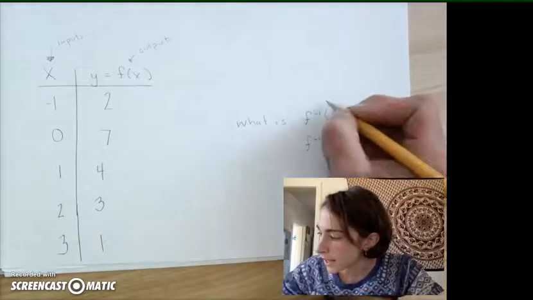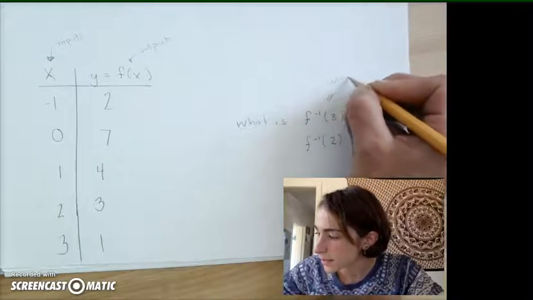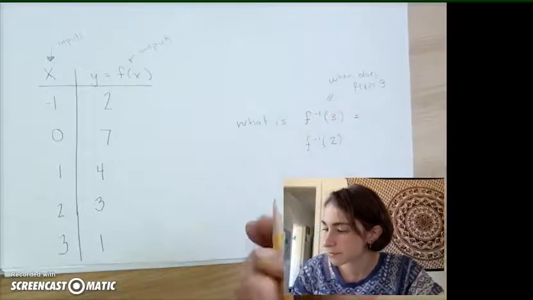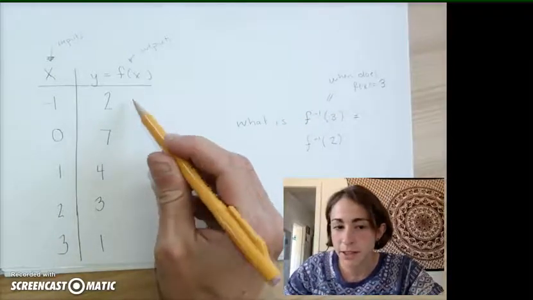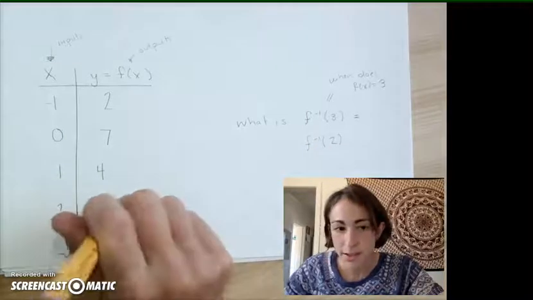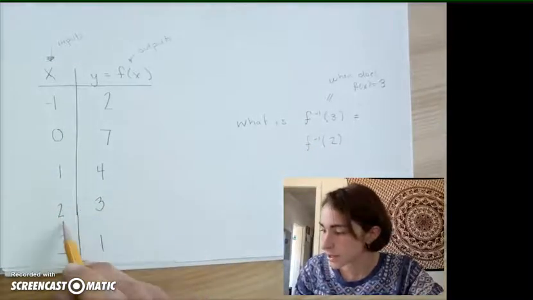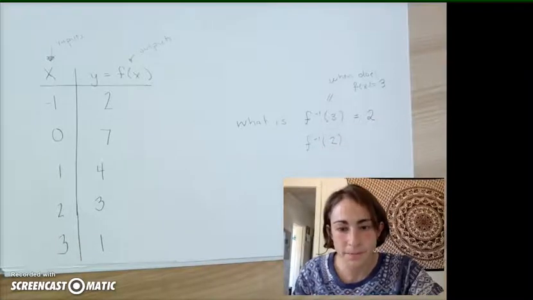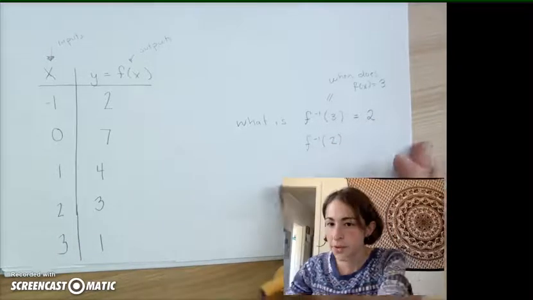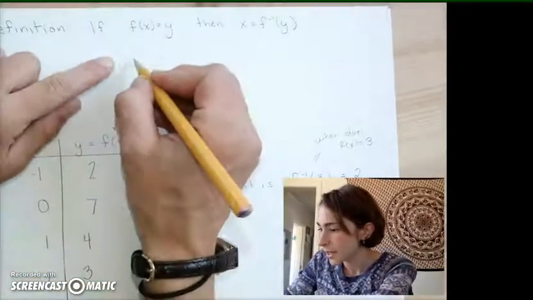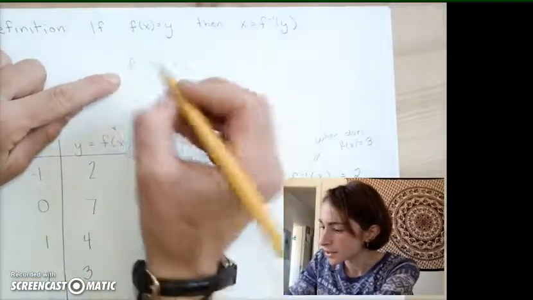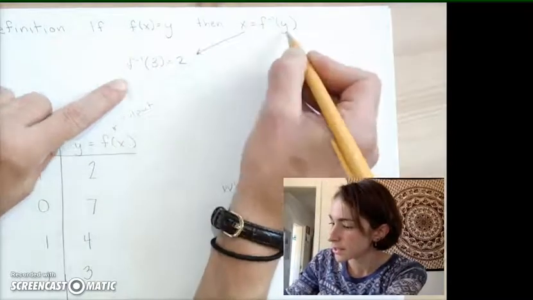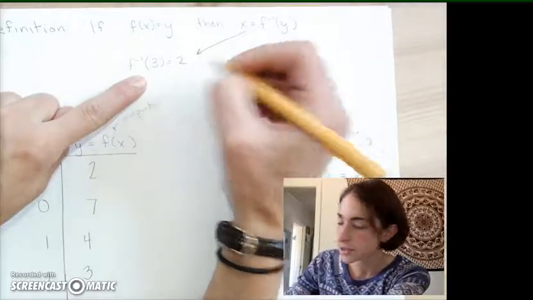So I'm basically asking, when does f of x equal 3? So I go into my column, which tells me the f of x values. It equals 3 when x equals 2. So f inverse of 3 is 2. So going back to this definition, we're saying f inverse of 3 equals 2. That's this side. So the y is 3, the x is 2.